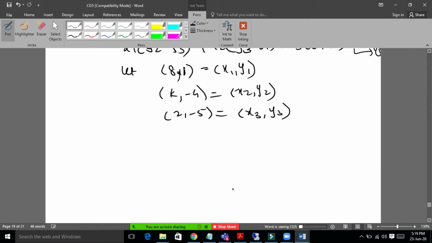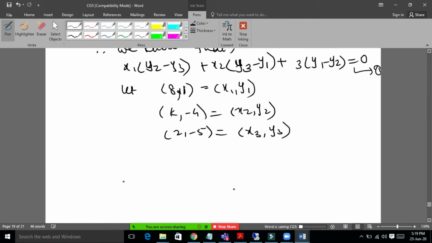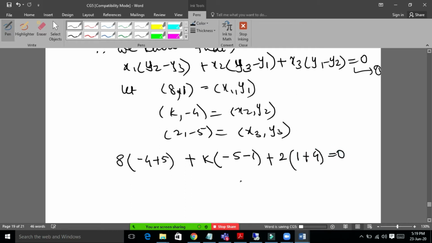Now we substitute all these values in equation 1. So x1 is 8 here, 8 into (y2 is -4 minus y3 is -5), so it becomes plus 5, plus x2 is k into (y3 is -5 minus y1 is 1), so -5 minus 1, plus x3 is 2 into (y1 is 1 minus y2, so minus -4 here), so it becomes plus 4, that is equal to 0.